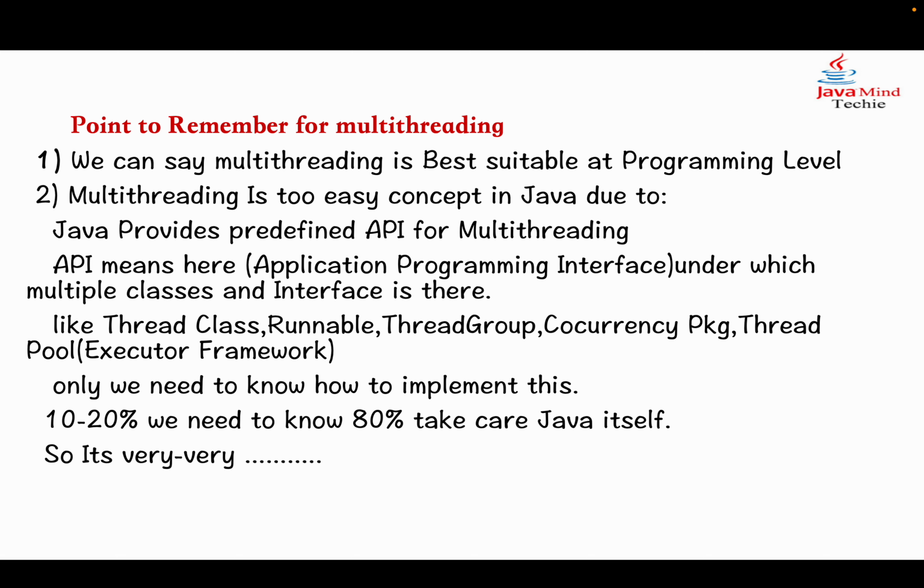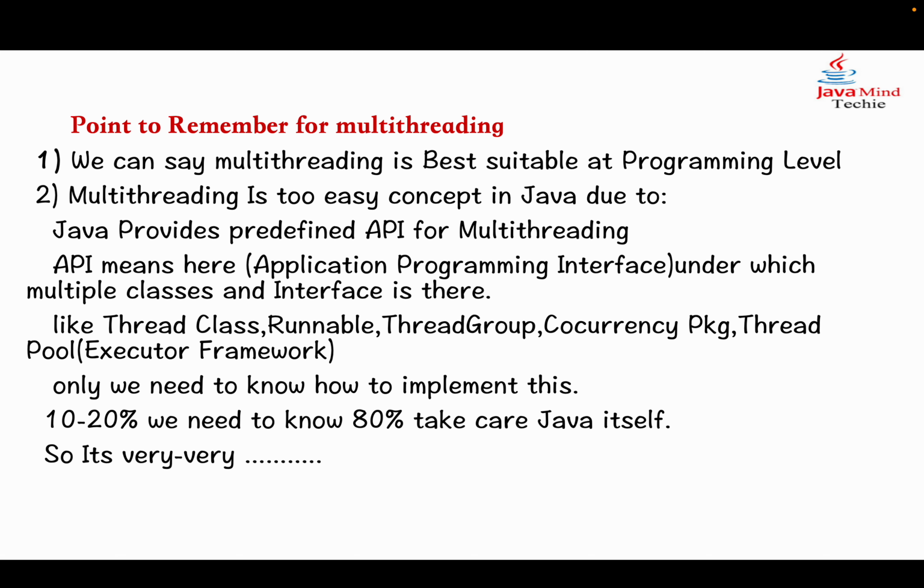In Java we already have many predefined classes: the Thread class, Runnable, ThreadGroup. There is also the concurrency package, and the thread pool. A thread pool means an executor framework.